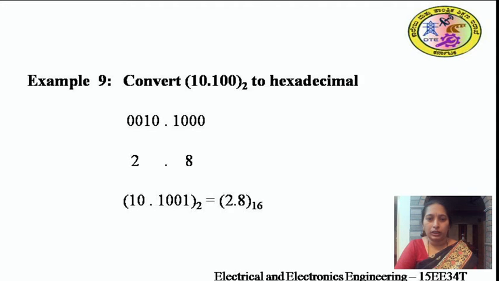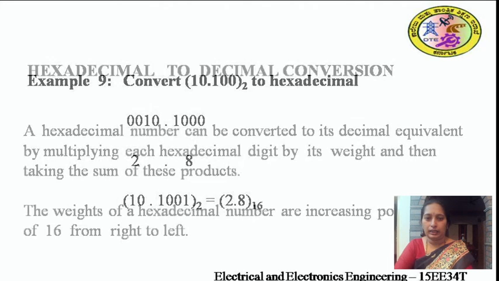The integer part is 10, which has only 2 bits, so to complete the 4-bit group I am adding 2 zeros. It is 0010, that is 2. The fractional part is 100, and I am adding one more 0 to complete the 4-bit group, so this becomes 8. The answer is 2.8 in hexadecimal.